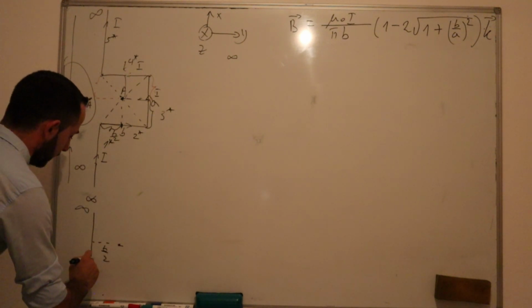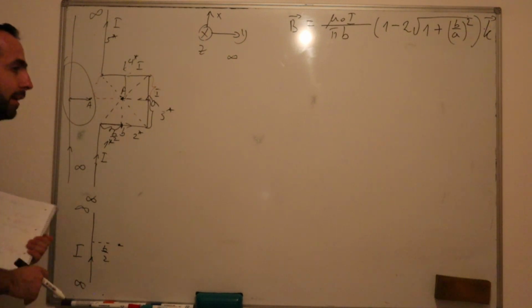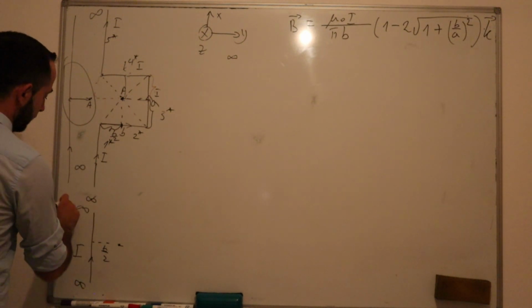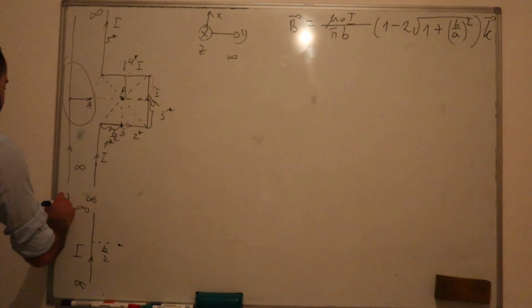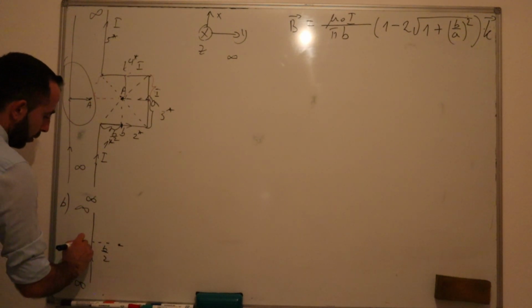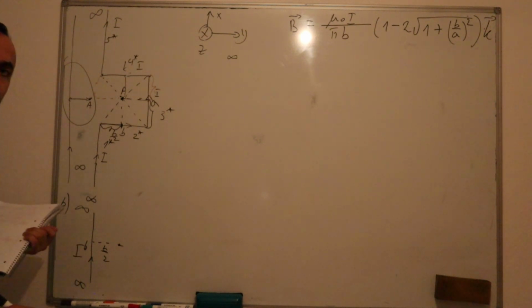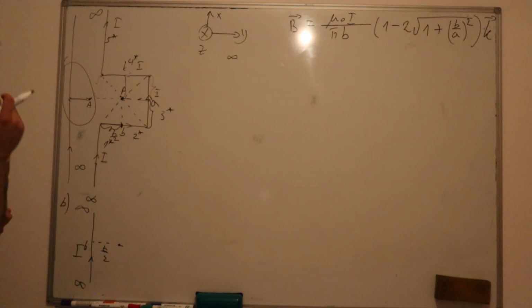And I have a current I, but this is the second case, so we will note it as case B, with the current having an index for the current of the second case.